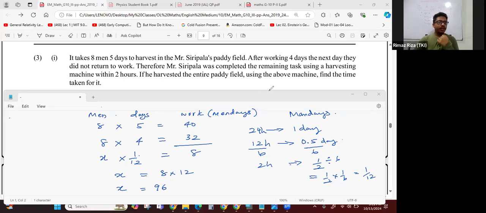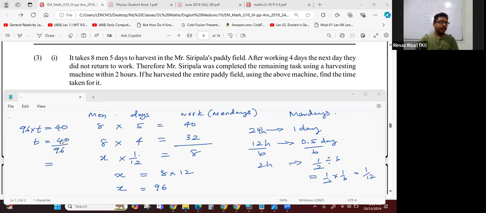Then we want to find, using the above machine, the time taken to harvest the entire paddy field. The entire paddy field is 40. So we can write 96 into the time T equals 40. Therefore T equals 40 divided by 96.